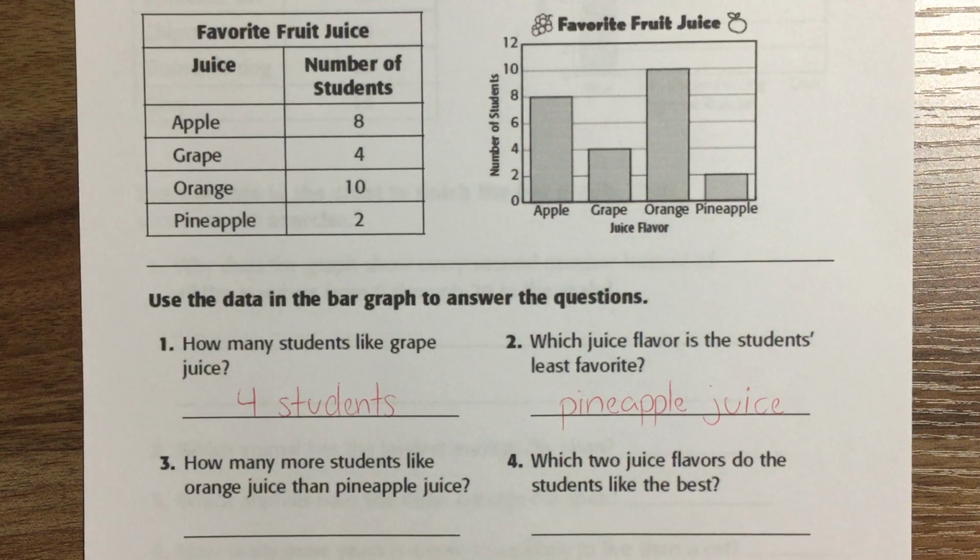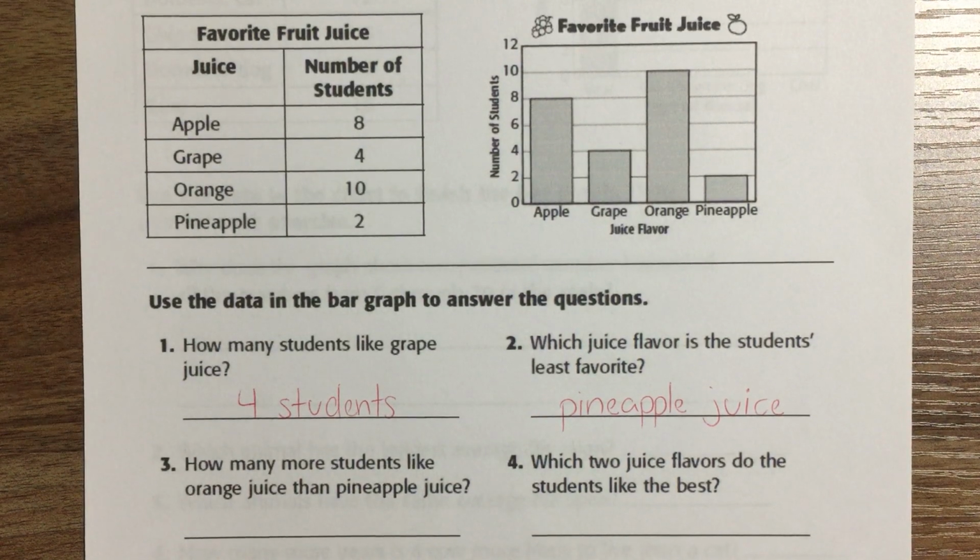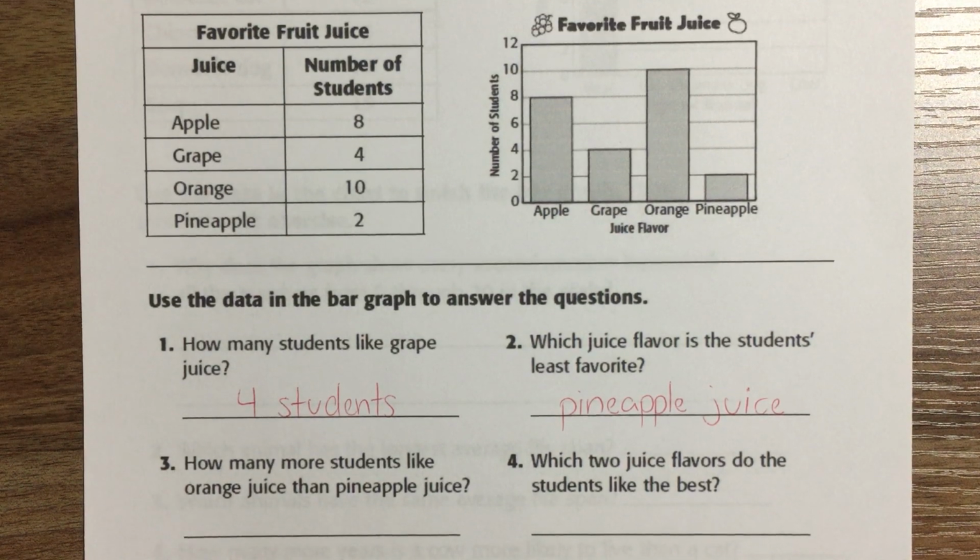All right, number 3. How many more students like orange juice than pineapple juice? We see those 2 words, more and than, so we're going to be comparing. Just like we talked about in a previous video, that's going to be a subtraction problem.